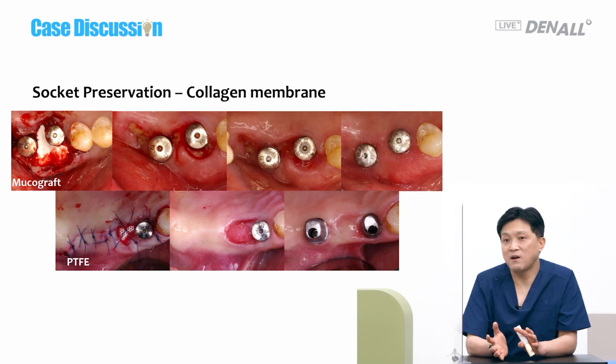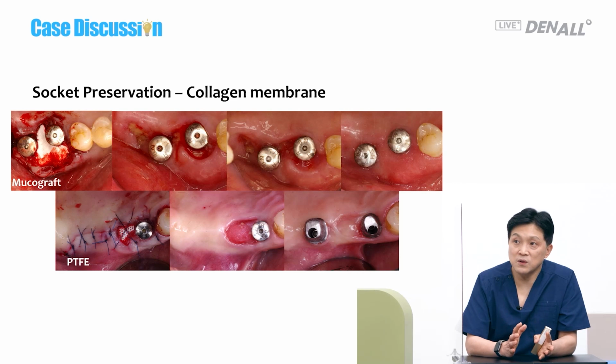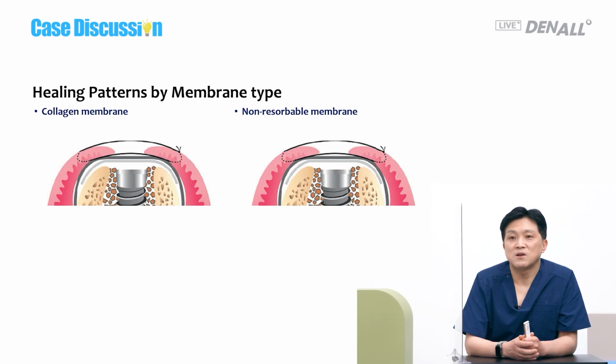Over time, keratinization progresses, so the result is the same. Therefore, it can be used like this at the time of implant placement. In summary, graft materials do not make a big difference. I think so these days.